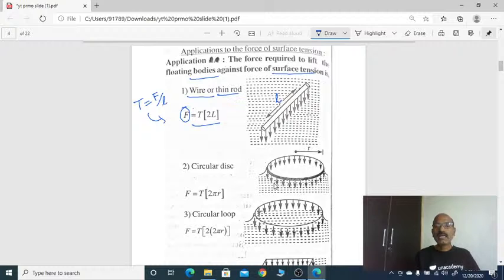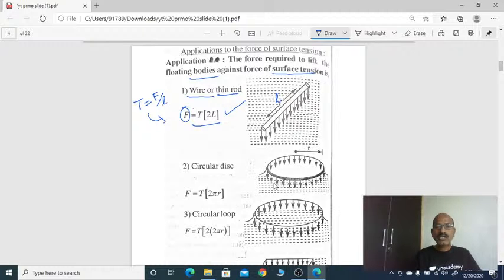The wire already touches the surface of water and has two surfaces, right? That is why twice the length. So keep the formula in mind: the force required to lift the wire of length L from the surface of water is 2L into T.